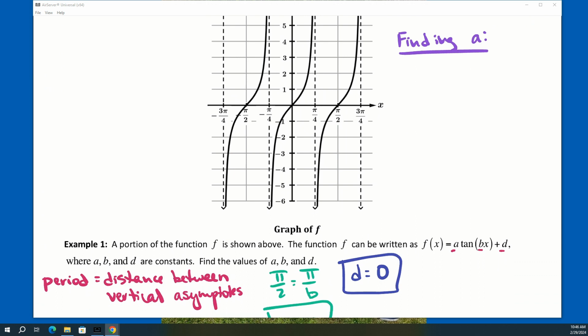Okay, so we're going to find a point on the graph, and I don't think we can use a 0. I haven't tried it that way. I don't think it would work because you're just always going to get 0 equals 0. So use a point on the graph that's not a 0.